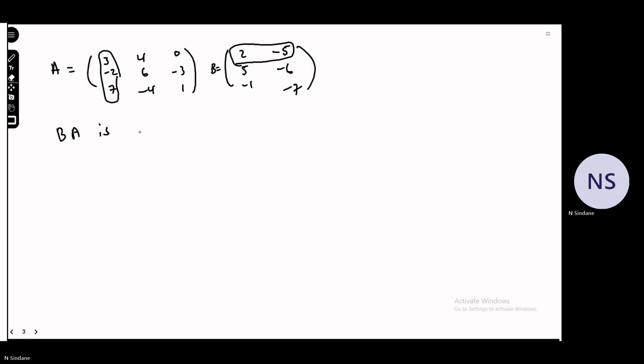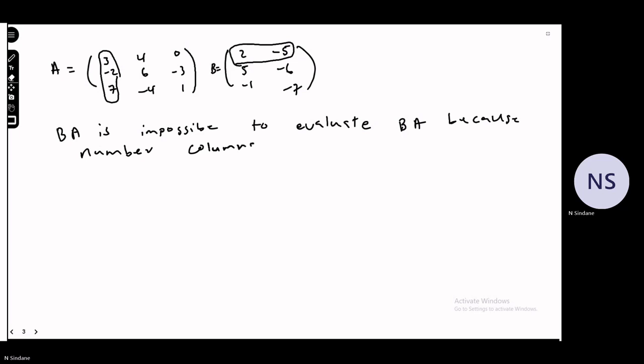It is impossible to evaluate BA because the number of columns is not equal to the number of rows.